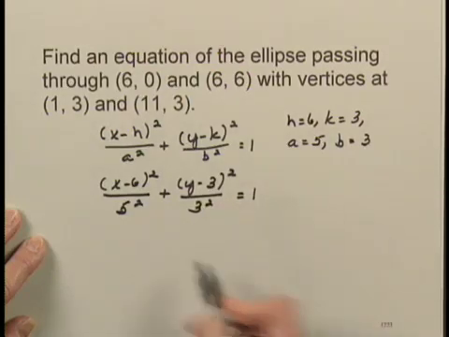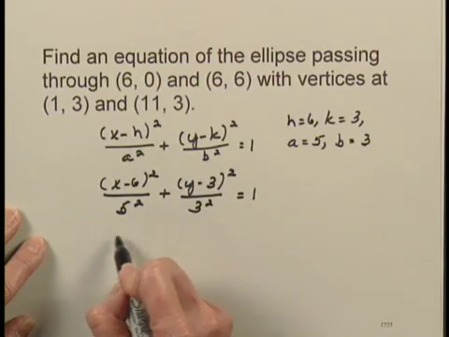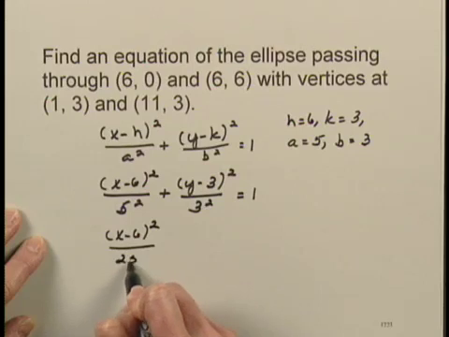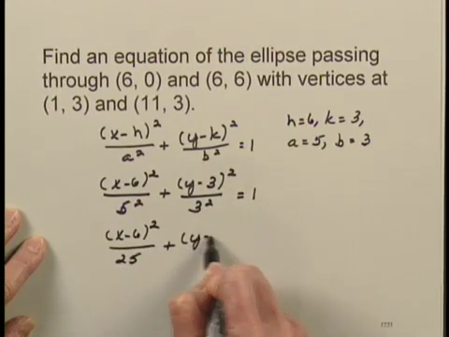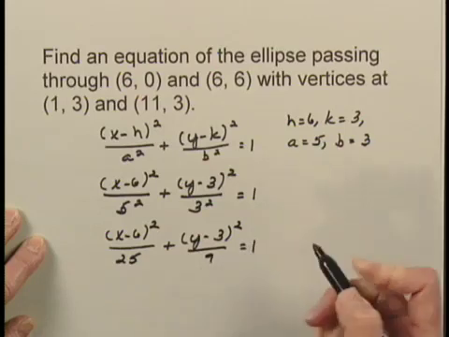And that's equal to 1. And then we'll square these numbers in the denominators here. And we get the equation (x minus 6) squared over 25 plus (y minus 3) squared over 9 is equal to 1.